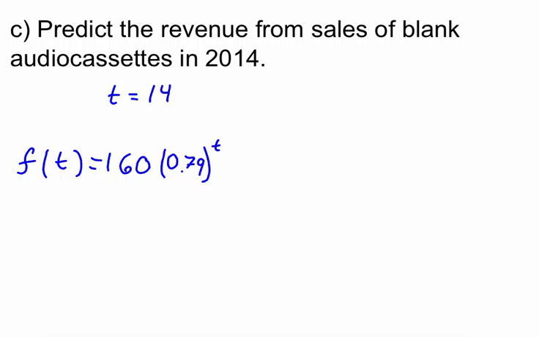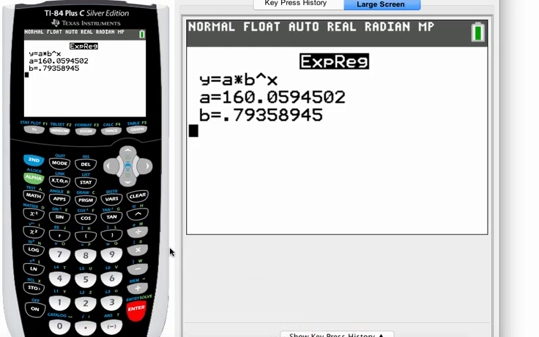Okay, 0.79, and I need to insert f of 14 equals 160 times 0.79 to the 14th power. And then I'll let the calculator do the work.